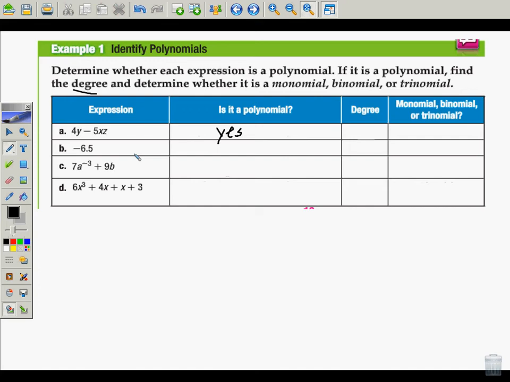Then we have 5x to the first power, z to the first power. So we have, remember, you add all your exponents together, and you would get 2, so this is actually degree of 2, and then you would say it is a binomial because we had two different monomials being added together.